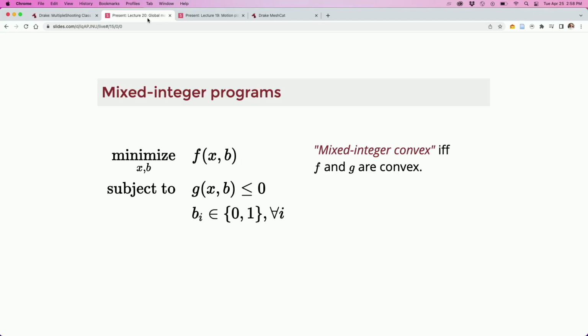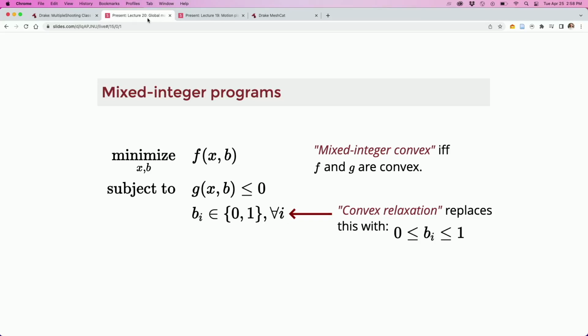What's amazing is that if you're in this mixed integer convex setting, you can actually have very efficient algorithms for solving these problems, using convex relaxations. If I take that B, 0 or 1, and change it into B between 0 and 1, then that problem can be seen as a relaxation of the original problem.